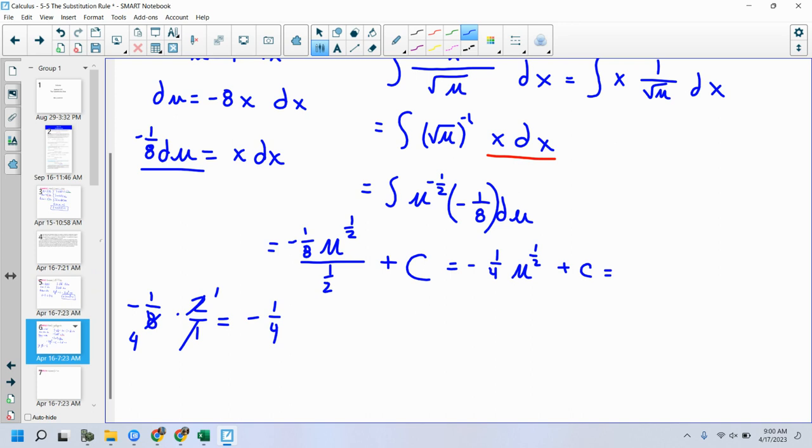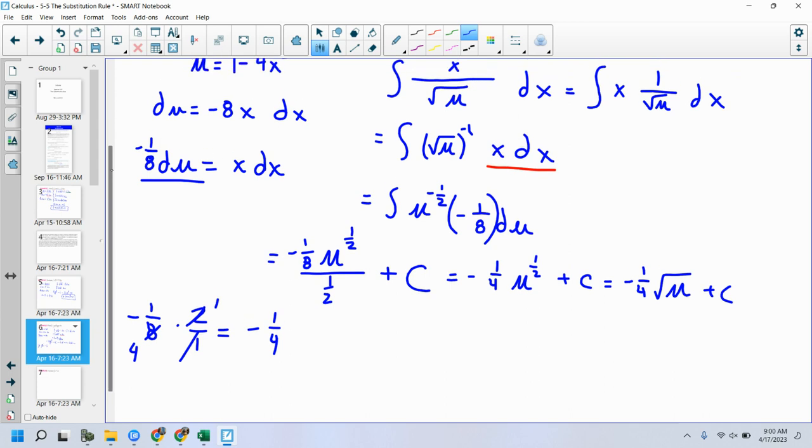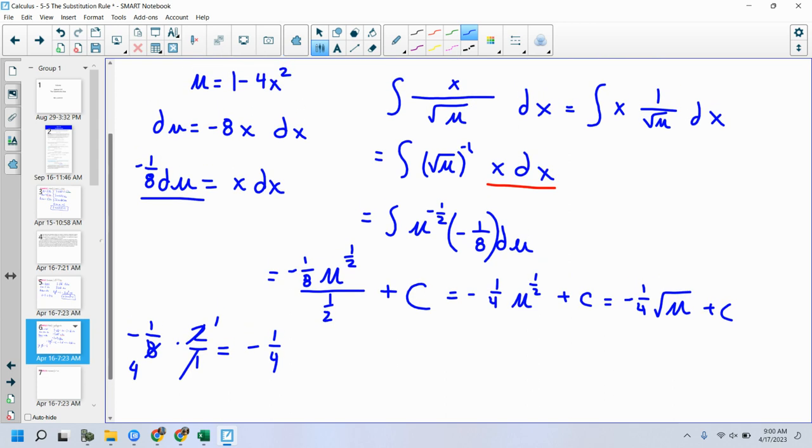Let's make it a square root: -1/4 square root of u plus c. And in the end, once I am fully simplified down, you go back in, replace u with what you started taking out, 1 minus 4x squared, plus c.